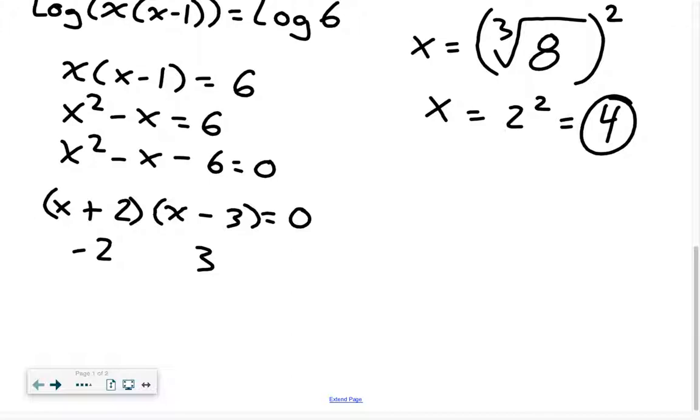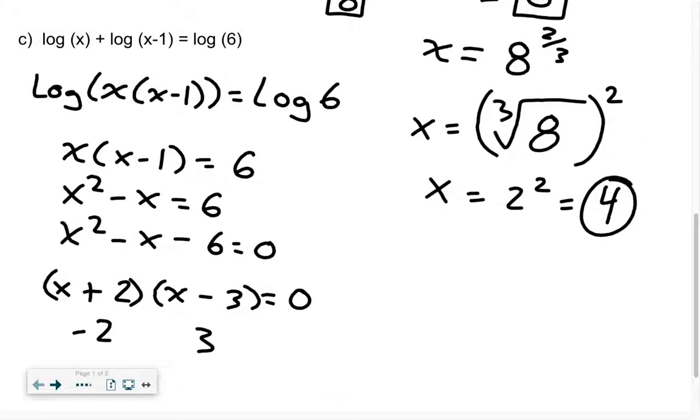Now let's take our calculator. If we check these answers and we plug them back in, take the log of -2 for me. And what do you get? Error, domain error, syntax error. We get a lot of those, right? Basically what the calculator is telling you is that you cannot plug in that negative value.